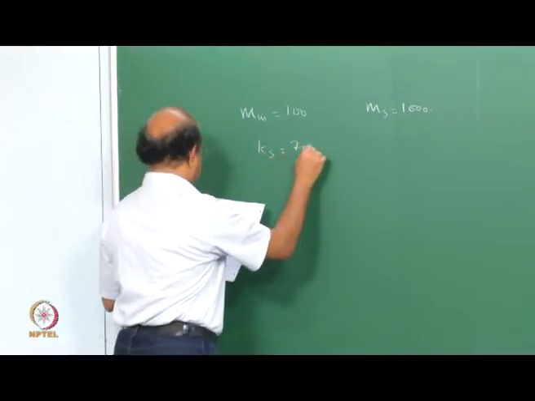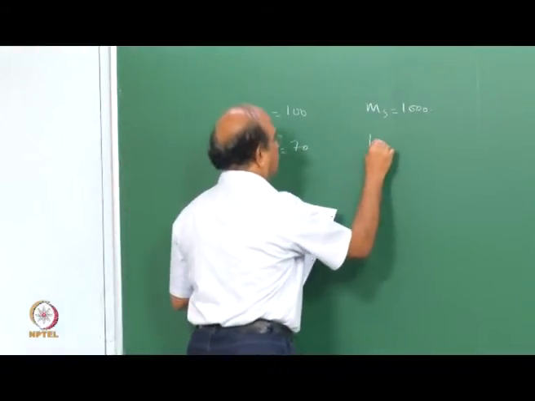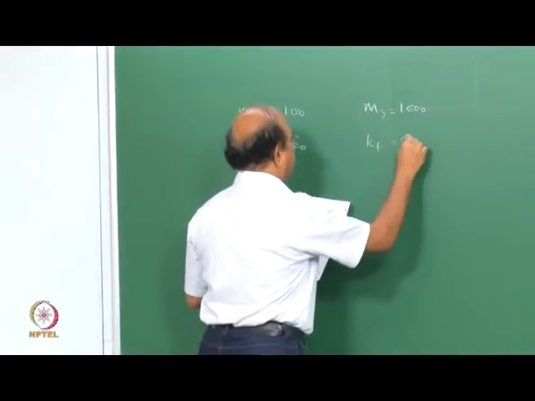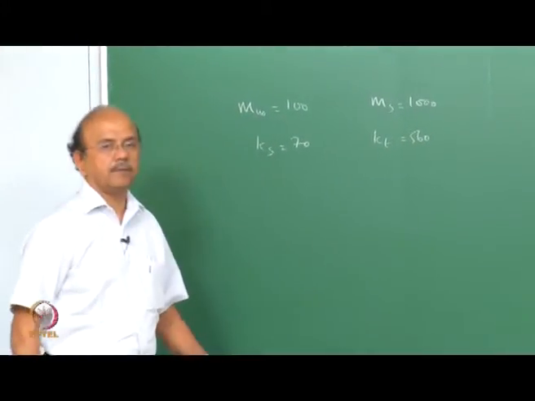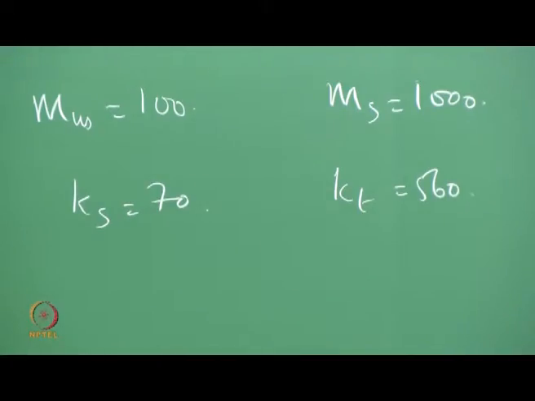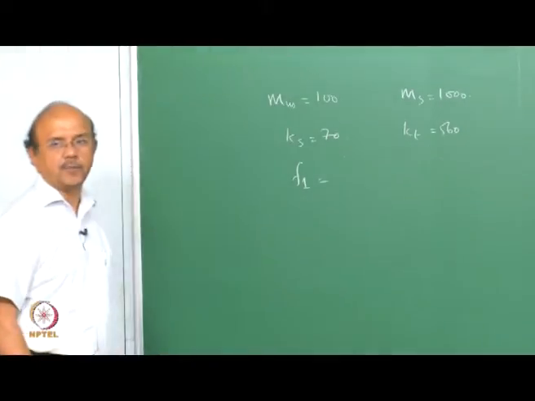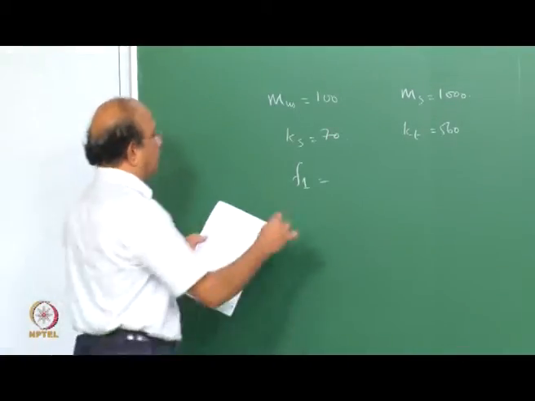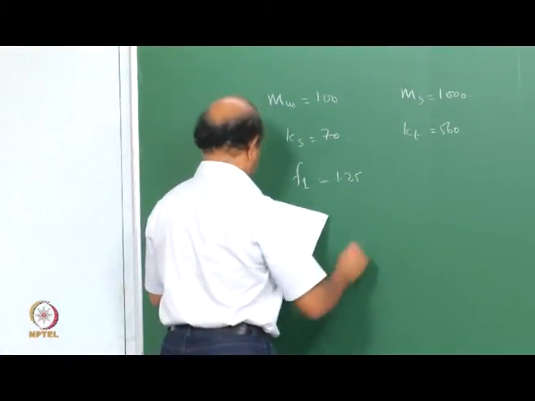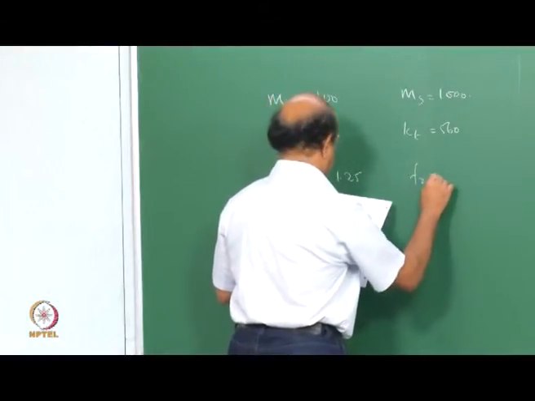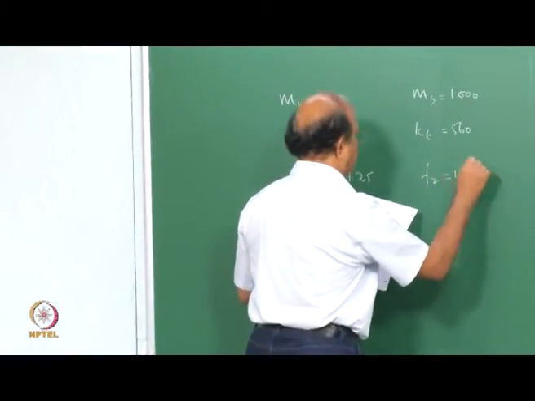Ks is equal to 70. Kt is equal to, say, 560. If I calculate now omega 1 squared, in terms of cycles per second, hertz, F1 happens to be 1.25 and F2 happens to be 12.64.